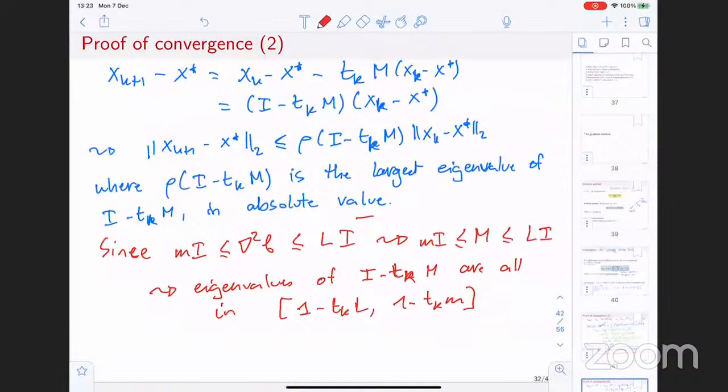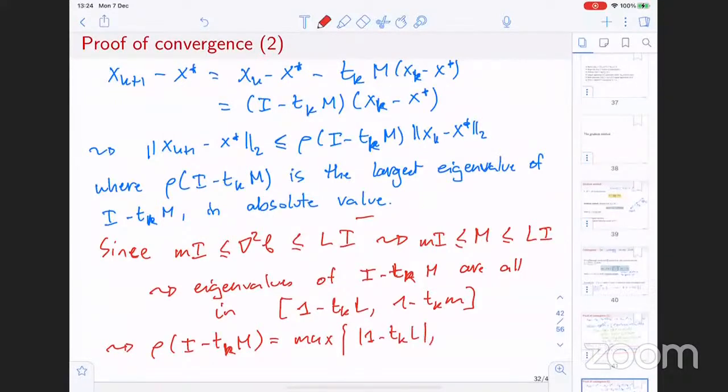So now this implies that rho of I minus t_k M is the max of the two absolute values here, the max of |1 minus t_k L| and |1 minus t_k m|. I hope that is clear.